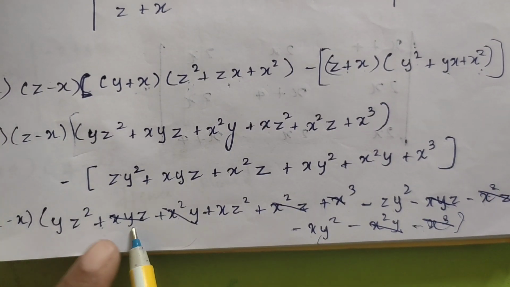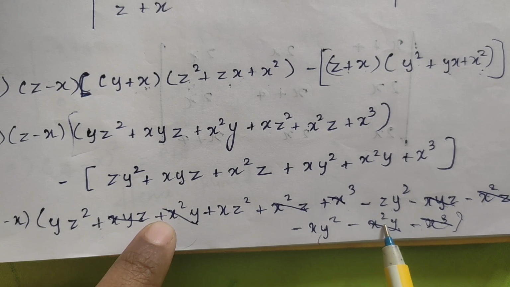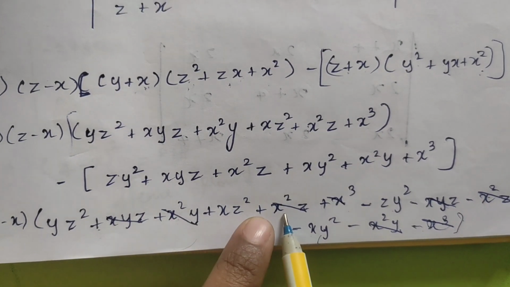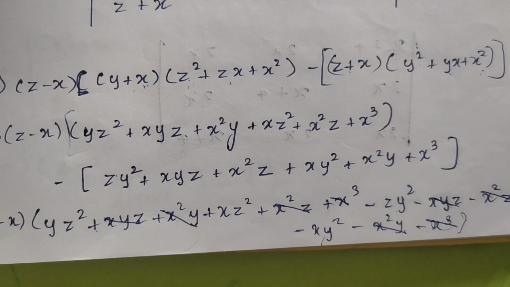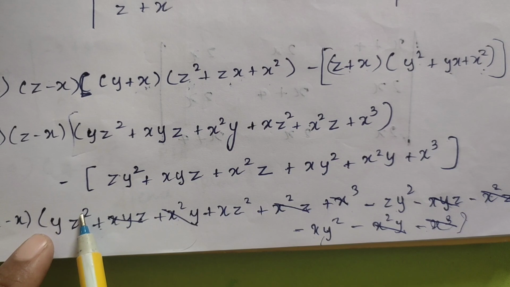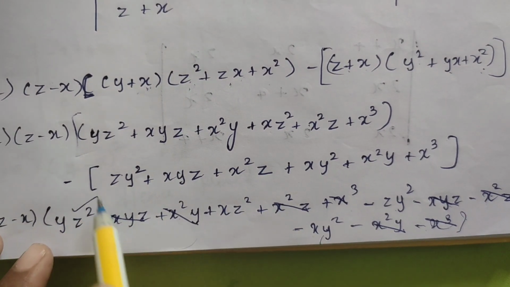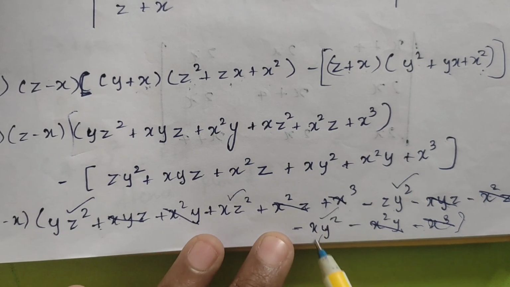So xyz cancel. X square y gets cancelled. X square z cancels. X cube and x cube get cancelled. The left out elements are yz square, xz square, minus zy square, minus xy square.